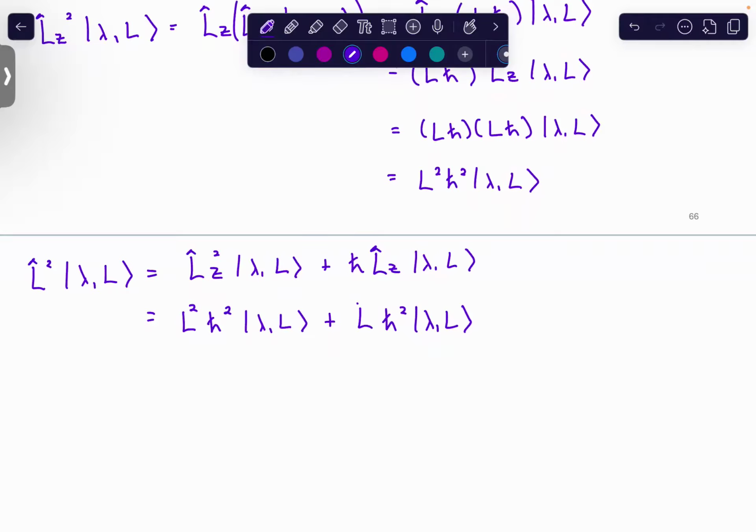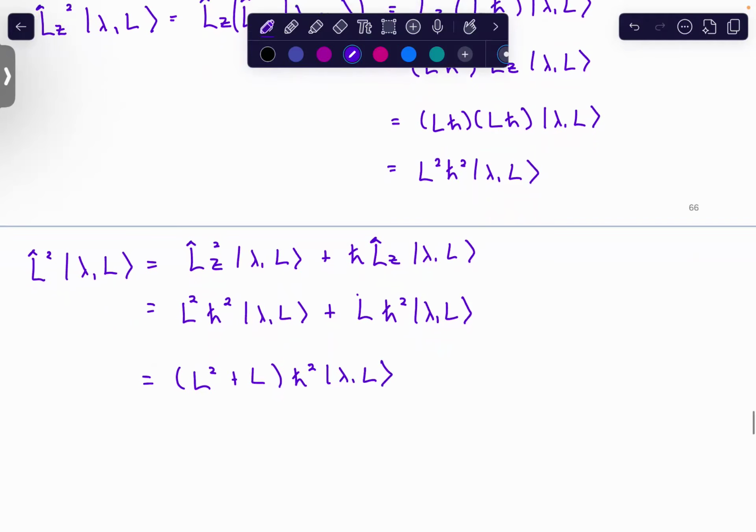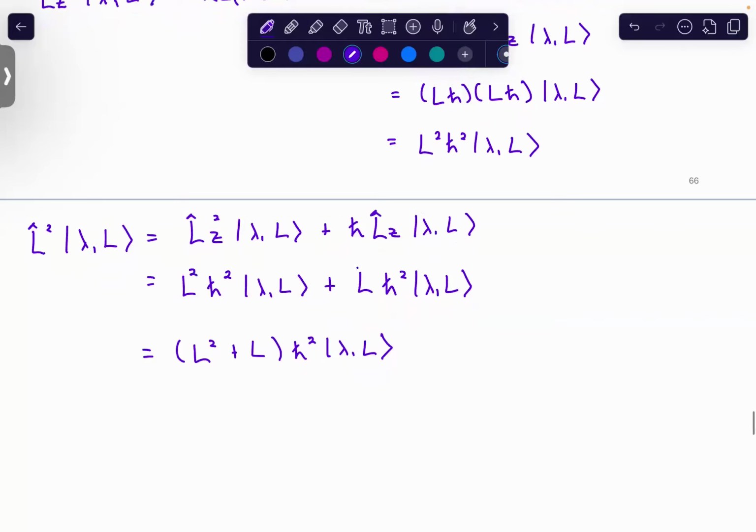And now I'm going to pull, let's see, I'm going to have L squared plus L ħ squared lambda L. I factor out the angular momentum.